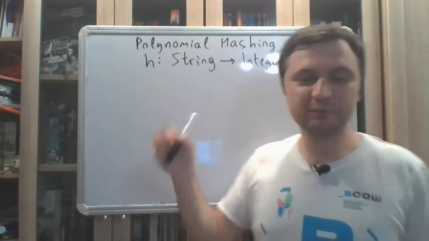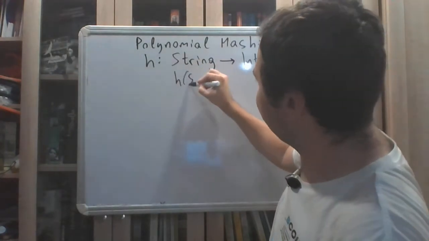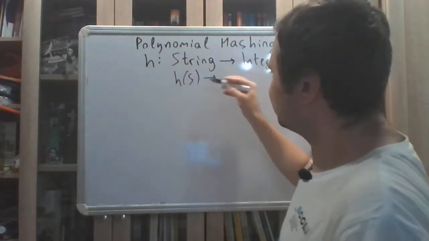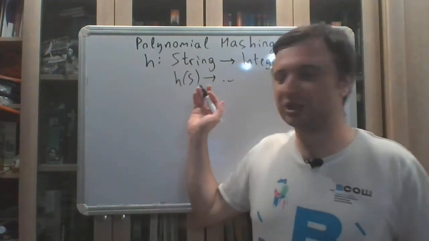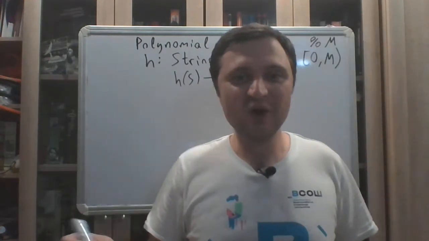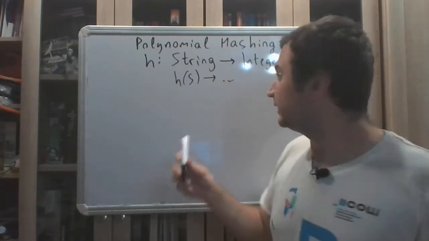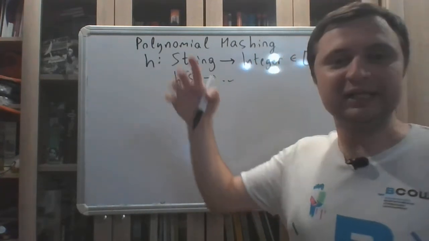So this should be a procedure that on some specific string s definitely returns some deterministic exact integer. And if we calculate the hash function of the same string several times, of course, we want to receive the same result.